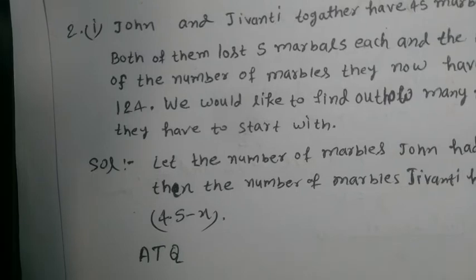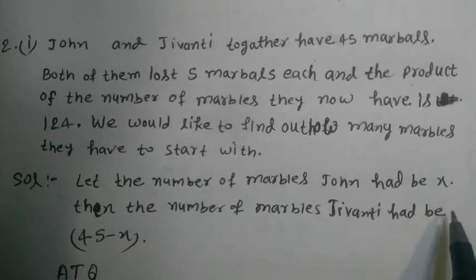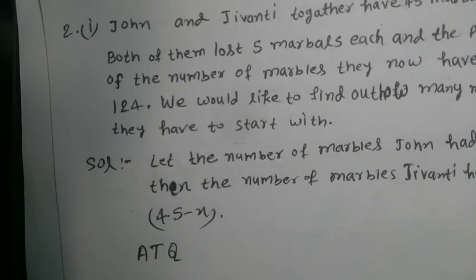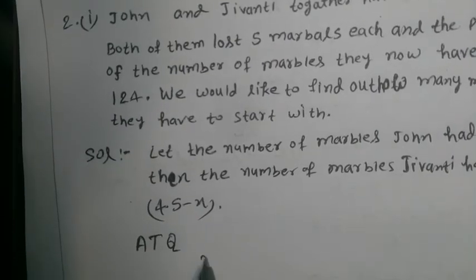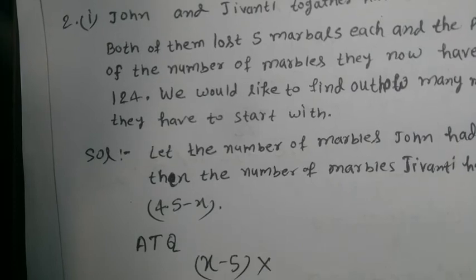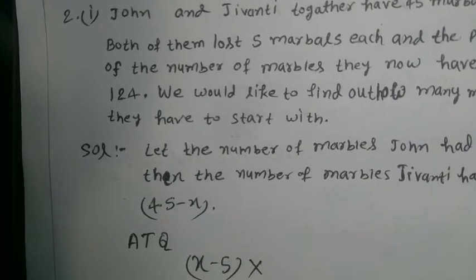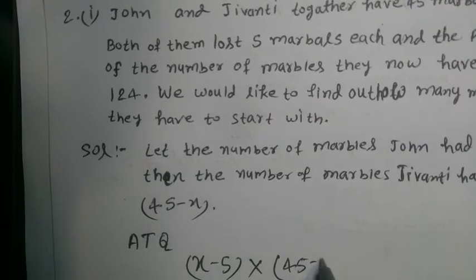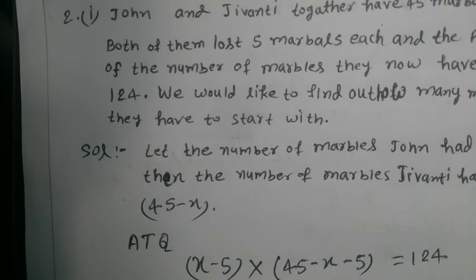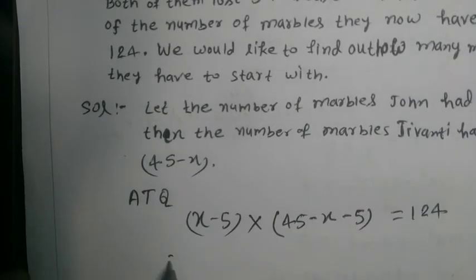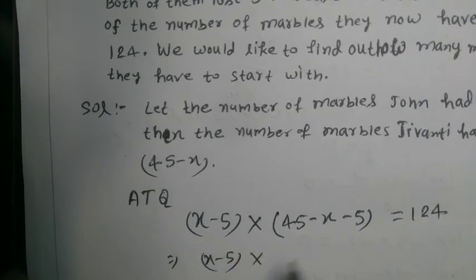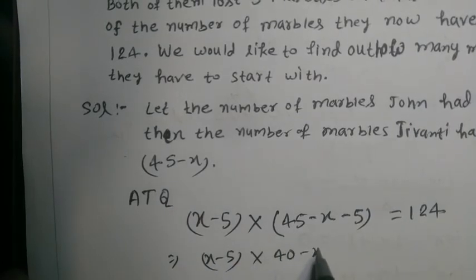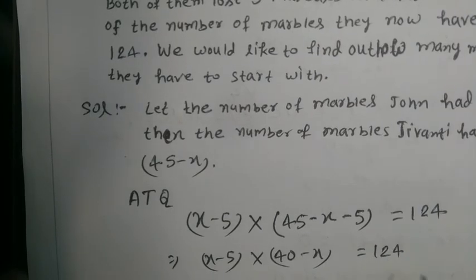So first, John had x marbles, he lost 5 marbles, so that is x minus 5, multiplied by Jivanti, who had 45 minus x marbles, and she also lost 5 marbles, so 45 minus x minus 5, that is equal to 124. Implies x minus 5 into 40 minus x is equal to 124.